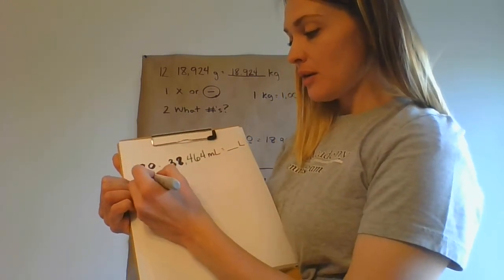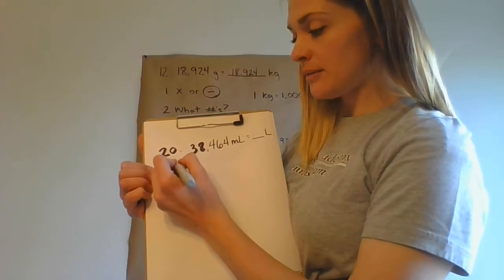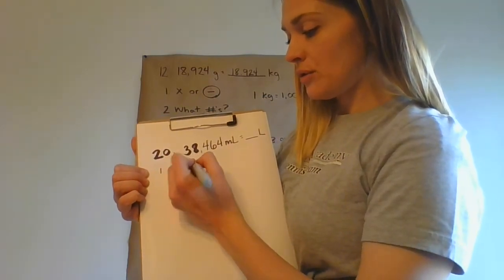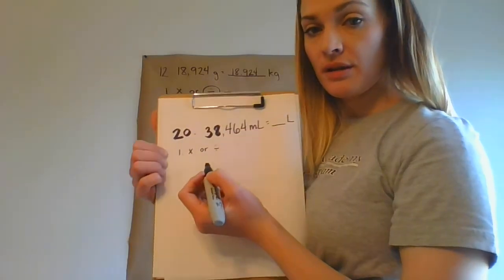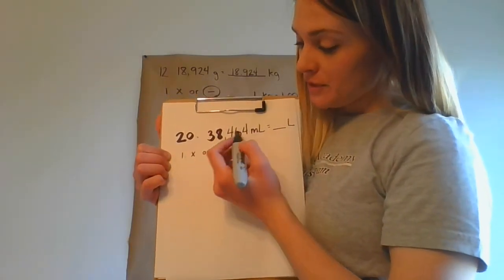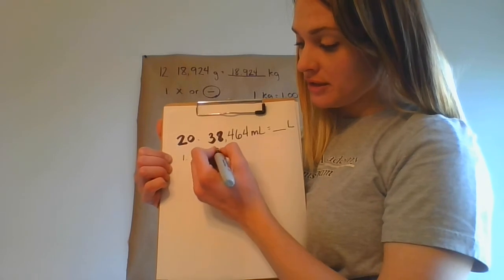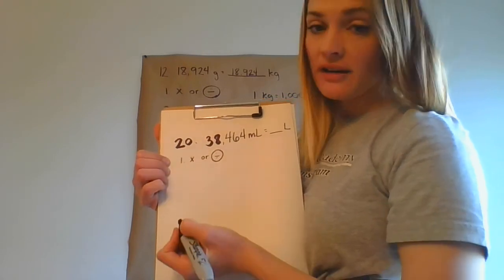Okay. First thing I need to know, am I multiplying or dividing? I'm going from milliliters to liters. I'm going from smaller to bigger. Smaller to bigger means that I divide.